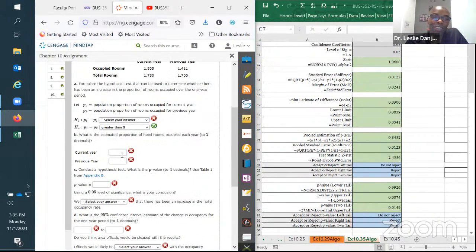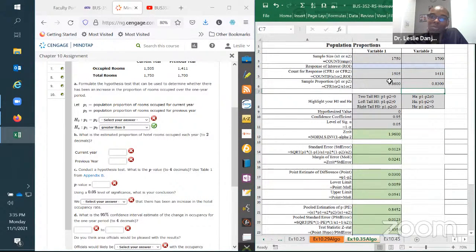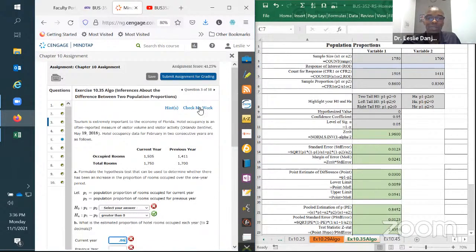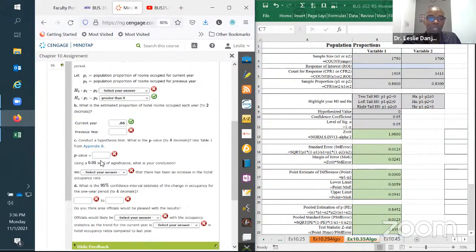So your current year, what is the estimate proportion? What is your proportion for the current year, sample proportion? I think I did current year first, plug those in. In my case, it is 0.86. Let's check the work. What is my p-value? This is a right tail test.